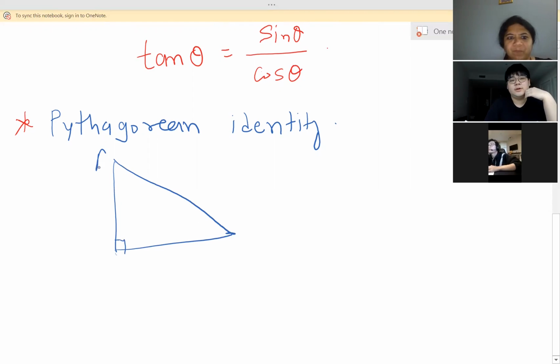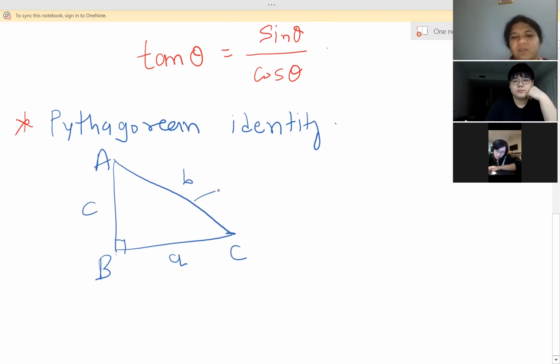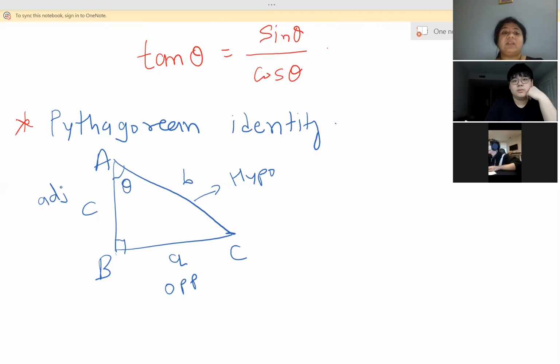Okay, this is my triangle ABC. The sides opposite angle A would be lowercase a, lowercase b, and lowercase c. This one is my hypotenuse. With respect to this theta, I will say this is my opposite side and this is my adjacent side. Okay. Now, in general, if I am saying what the Pythagorean theorem is, I will say the hypotenuse squared is equal to the sum of the squares of the other two sides.